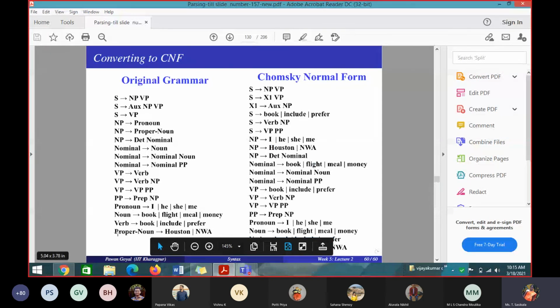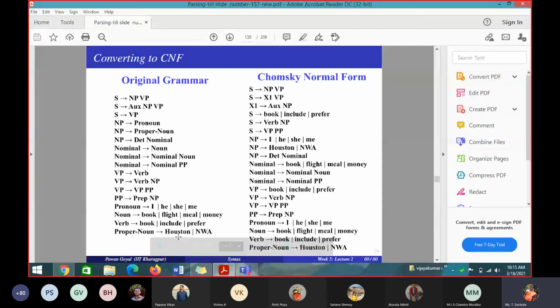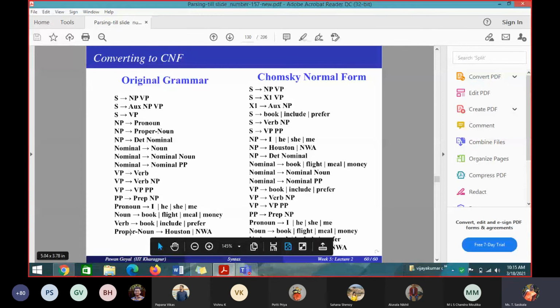Yes or no? If it is a terminal, how many terminals should be there on the right hand side? Please respond. I have given the rules, right? What are the two rules? Exactly, it should have two non-terminals on the right hand side, or my production rule should have only one terminal on the right hand side. For this last one, how many terminals do I have on the right hand side?